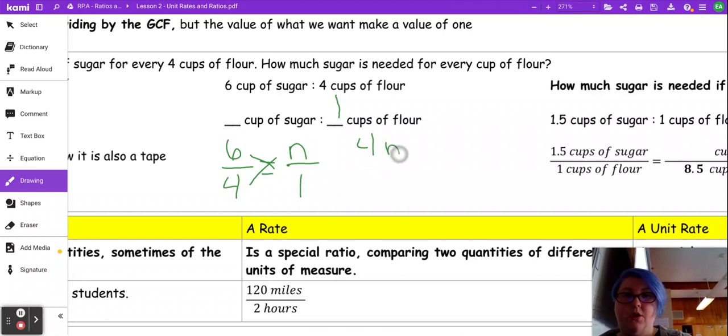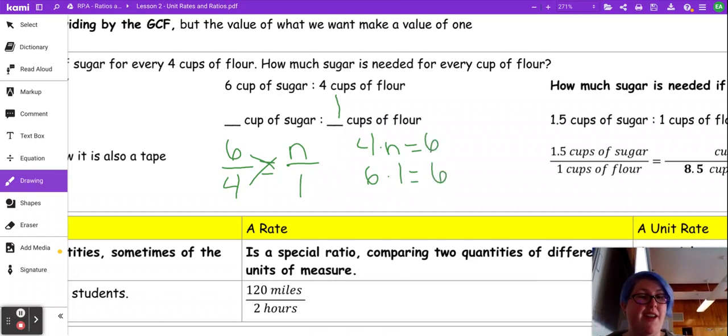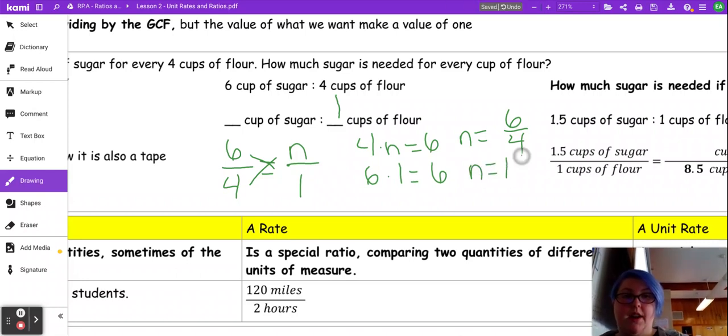We don't know what 4 times n equals, but we sure know 6 times 1 equals 6. So 4 times n has to equal 6. So n equals 6 divided by 4, or n equals 1 and 1/2 cups of sugar.